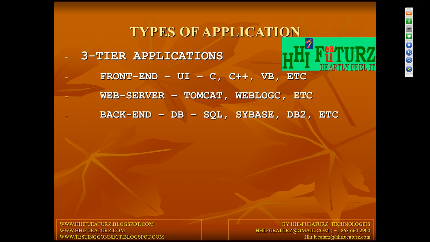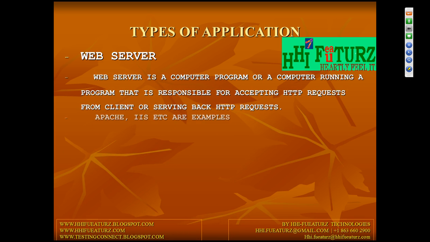In between front end and back end database, one more layer you will come up with. That one you can call a web server. Web servers again are of two types: application server and web server. First we go for web server.